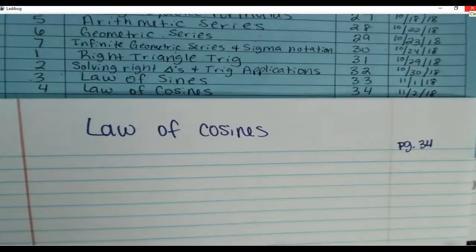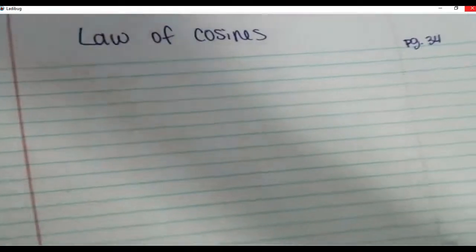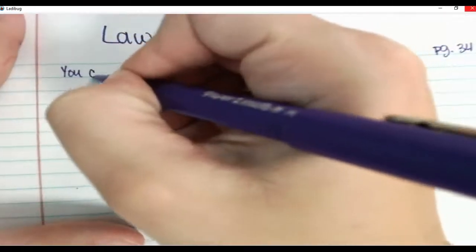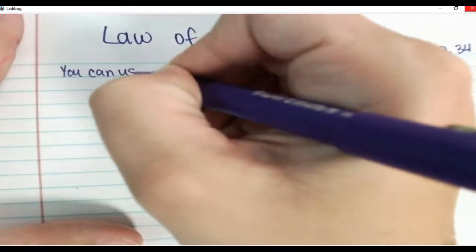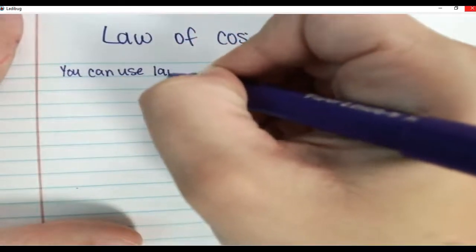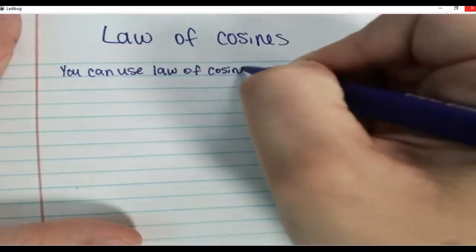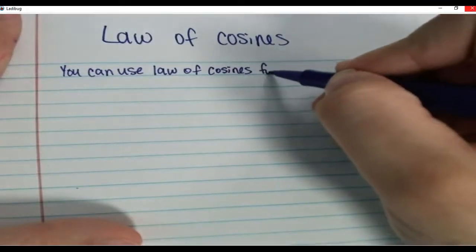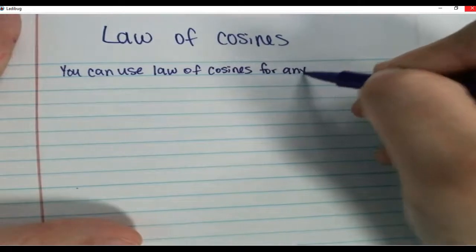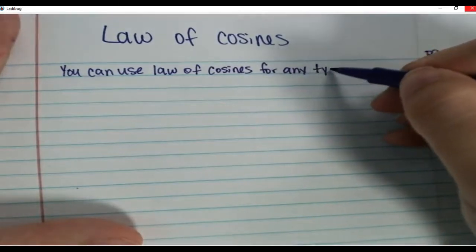Okay, so law of cosines, just like law of sines, can be used for any kind of triangle. So you can use law of cosines for any type of triangle.